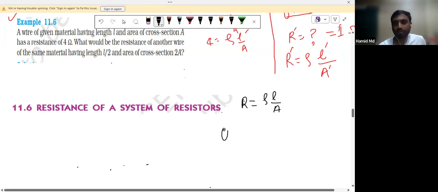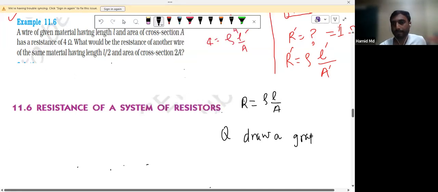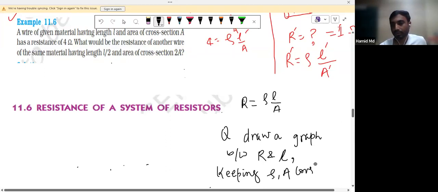So the question is, draw a graph between R and L, keeping rho and A constant. Is the question clear?